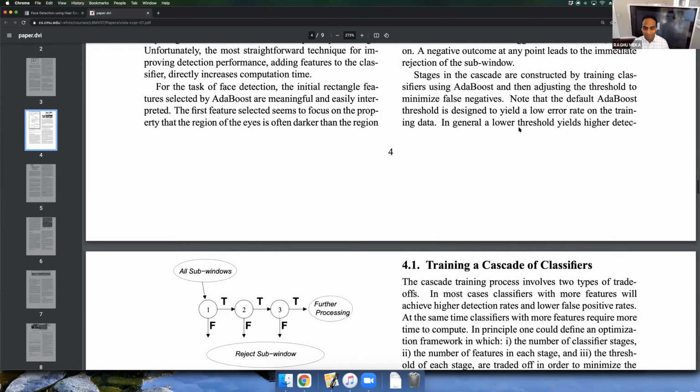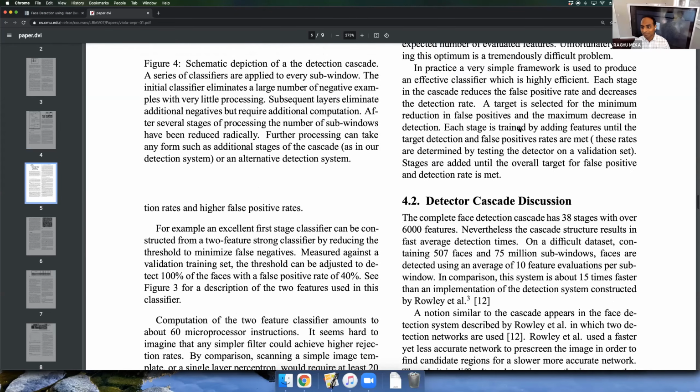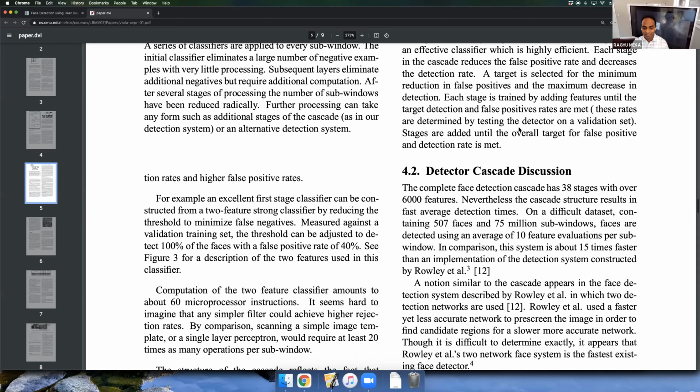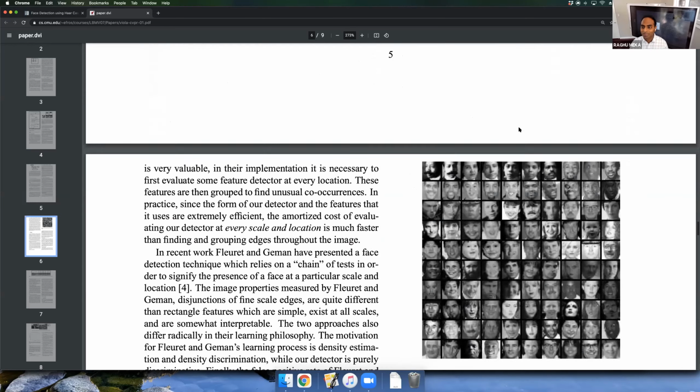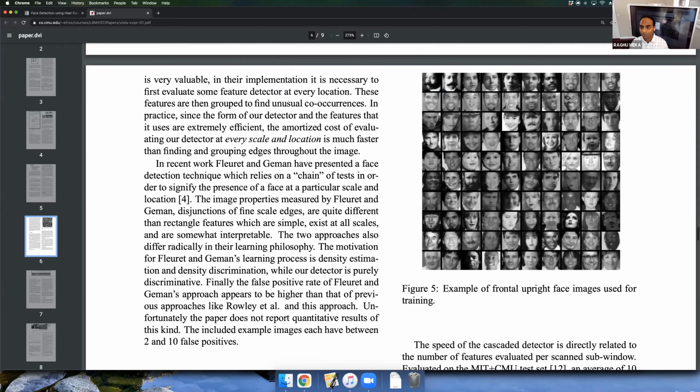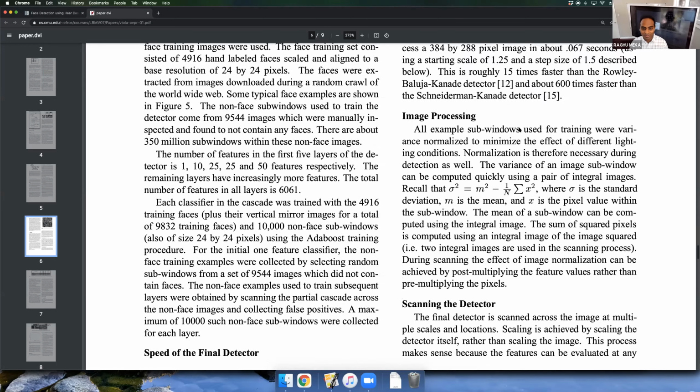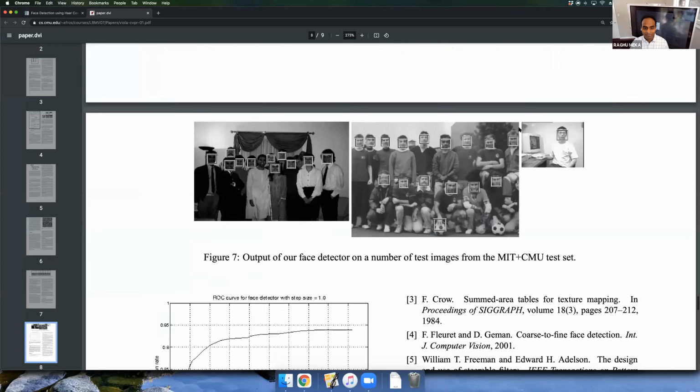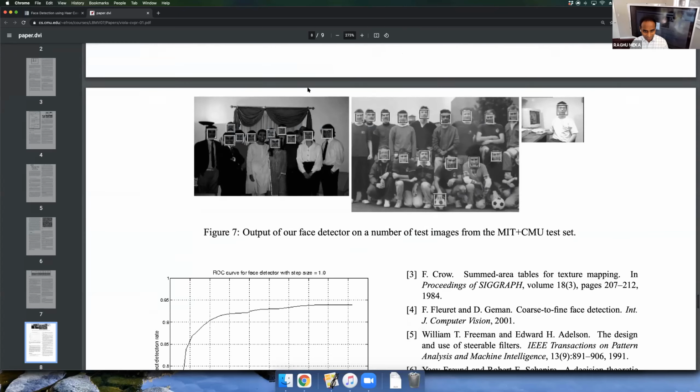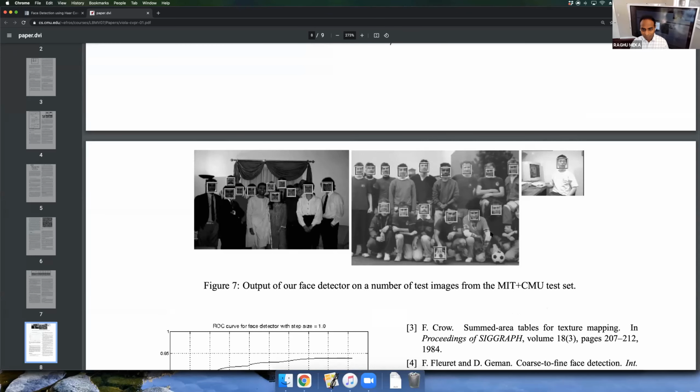And they basically improved the state of the art in face detection by almost an order of magnitude by this simple trick. Right? The final thing is very easy to implement, and it was a very important paper in vision, showing that you can get such high accuracy using a very simple algorithm.